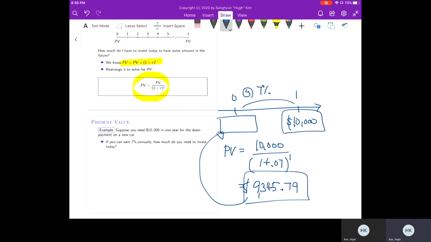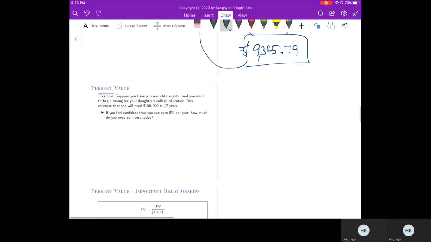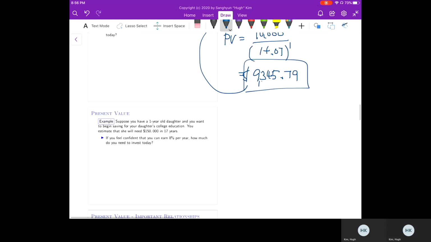Okay, let's see another example. Suppose you have a 1-year-old daughter, so it's a more mature example. So you want to begin saving for your daughter's college education. So you estimate that she's going to need $150,000 in 7 years' time.